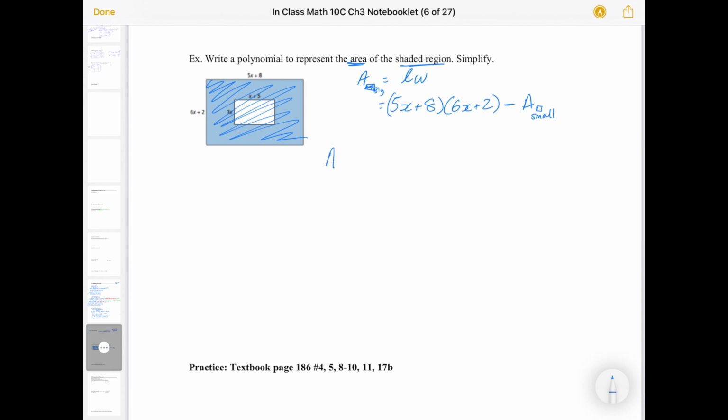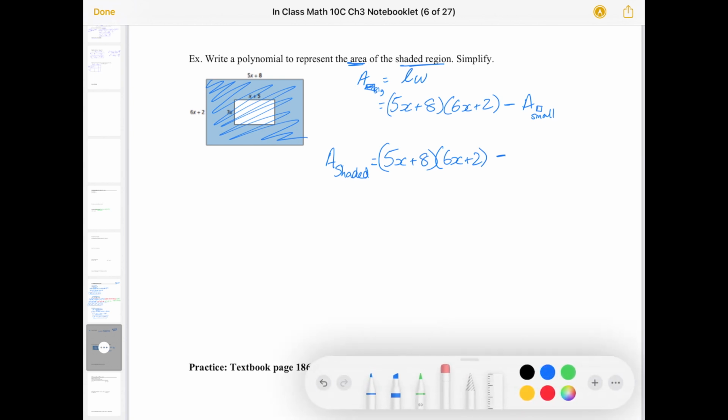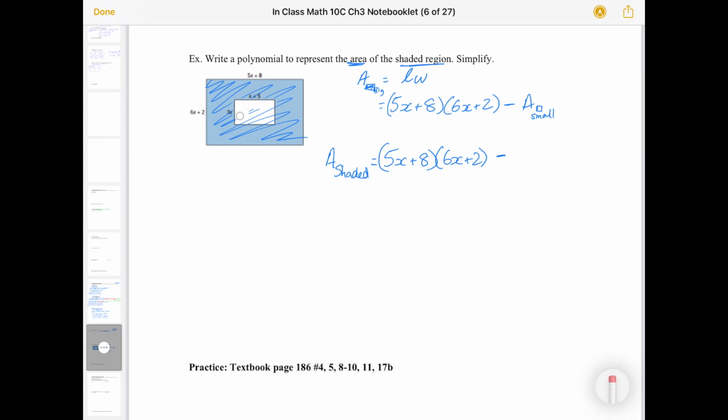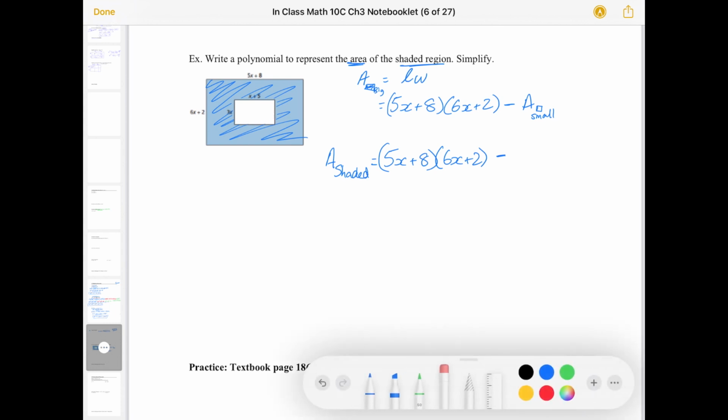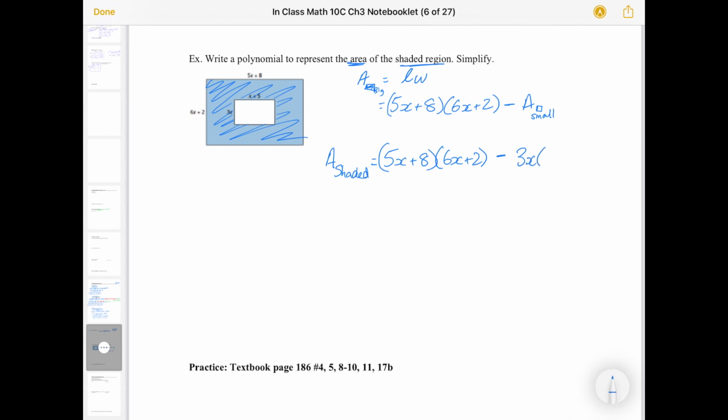So my area of shaded is going to be the big (5x + 8)(6x + 2), and I'm going to minus this area in here, everything inside that small rectangular box. So minus 3x times (x + 5). I got messy.